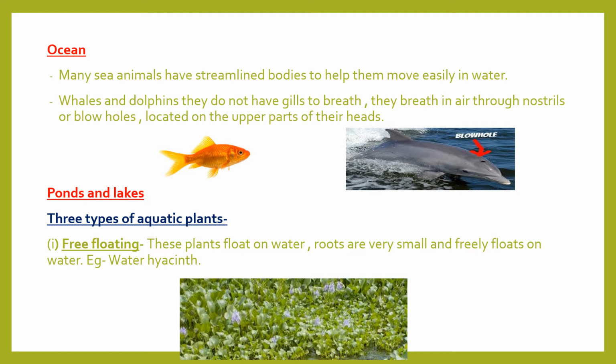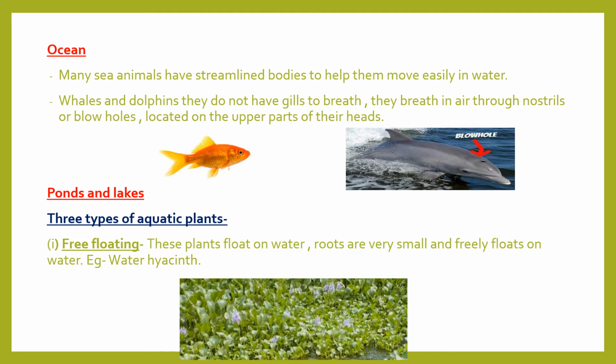They breathe in air through blowholes when they come near the surface of the water. After breathing in air, they close the blowhole with a flap and dive into the sea. Dolphins and whales can stay inside water for a long time without breathing.